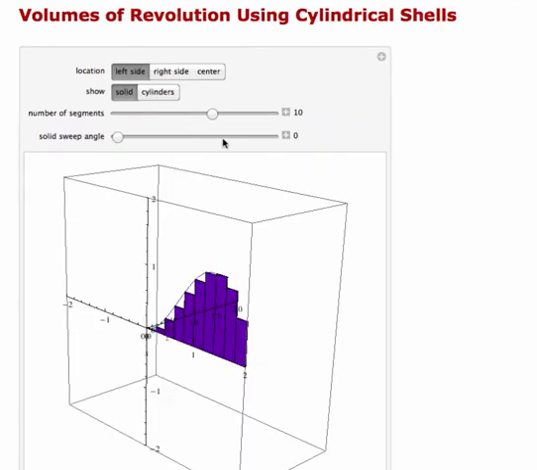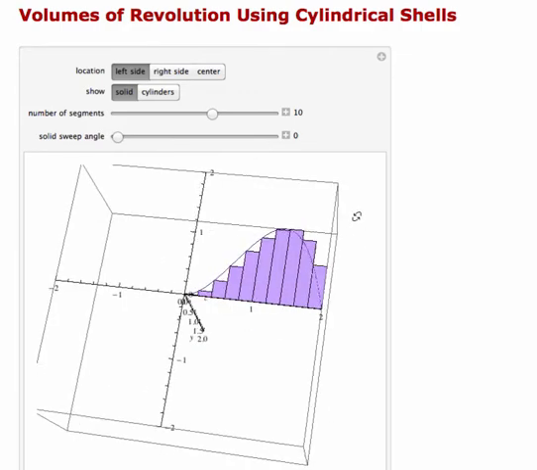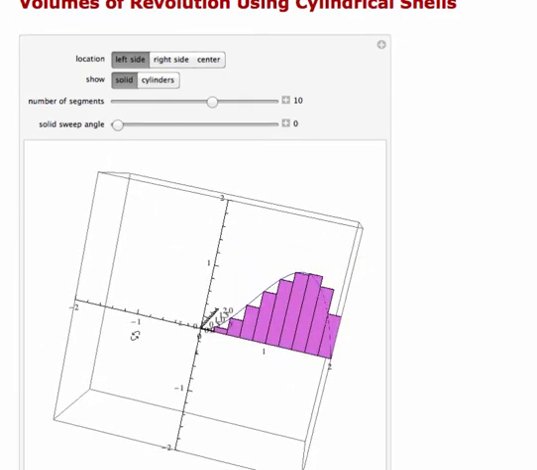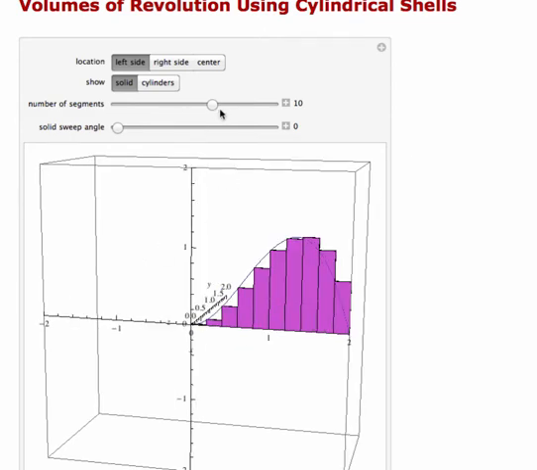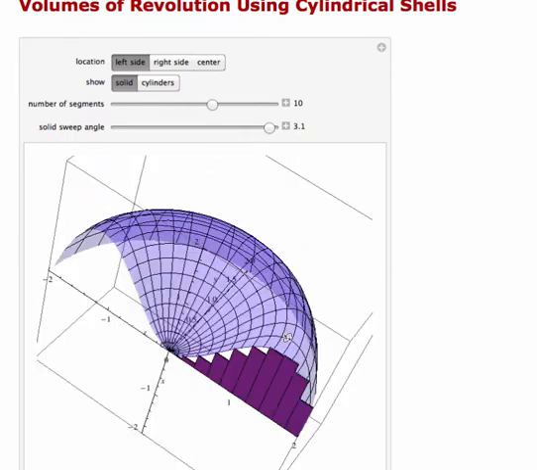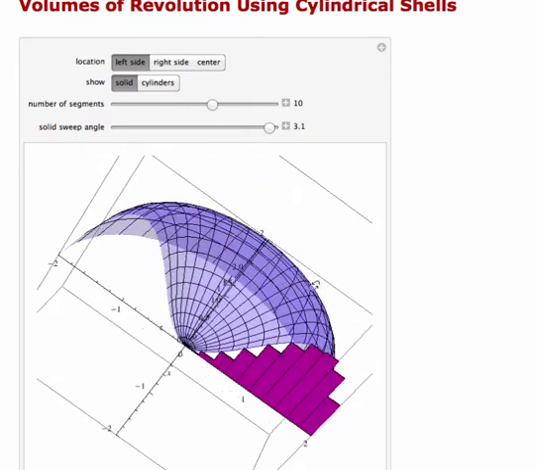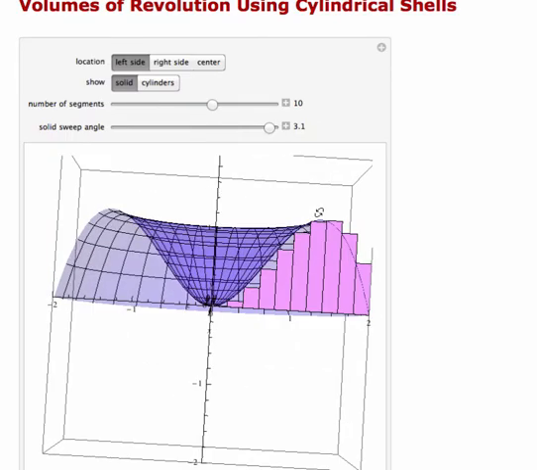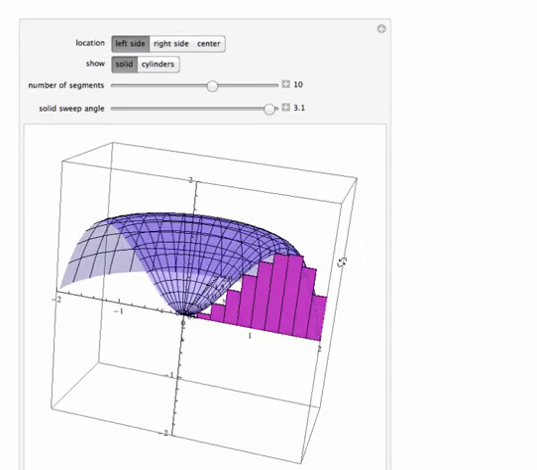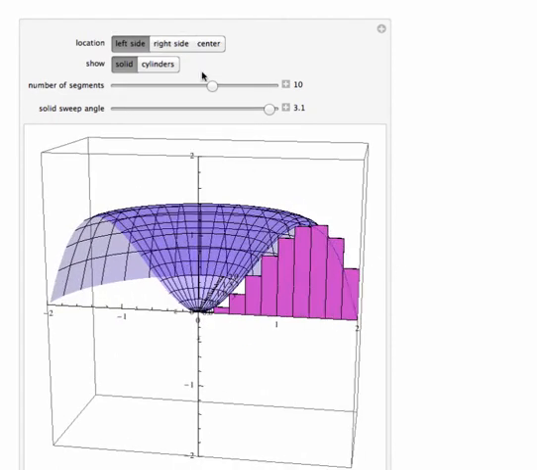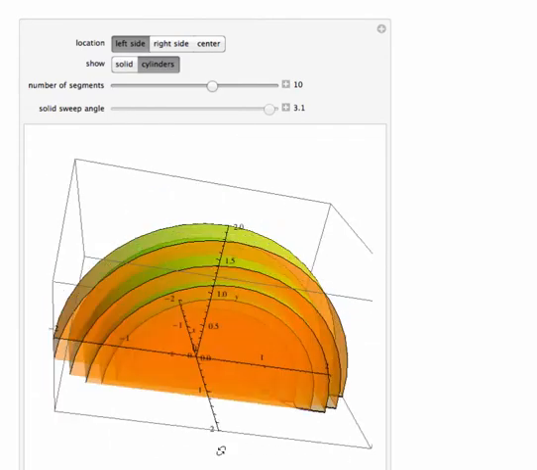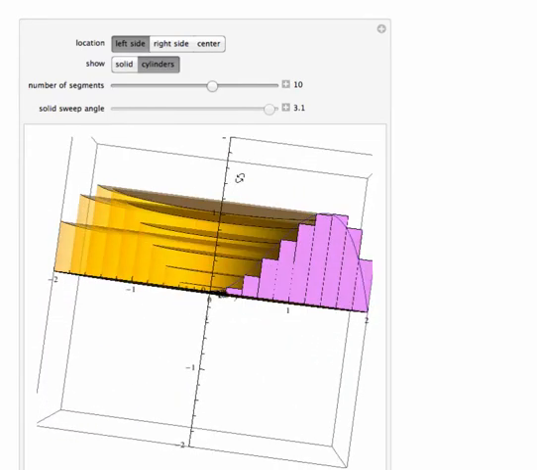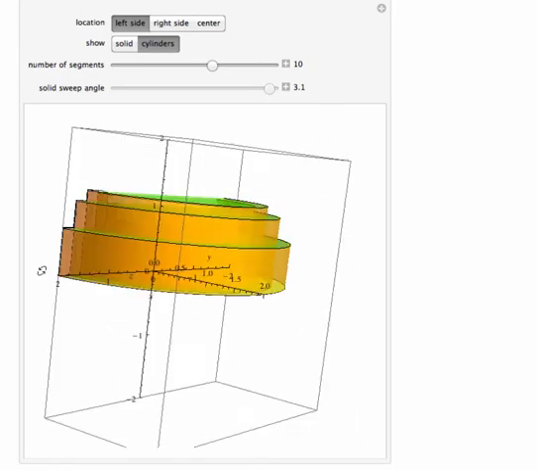Just to give you an idea, I have this area, and the solid is going to look something like this, so you can see it from the top. And what I'm going to do is show you what these cylinders look like. Basically we're going to think of this volume as a series of shells. So they look like this.